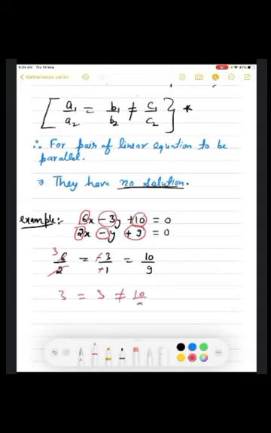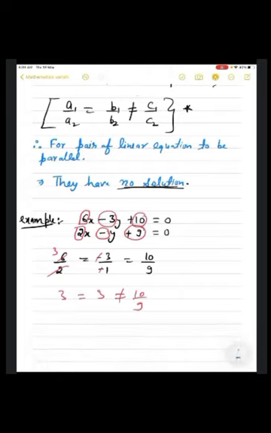Which kind of graphical representation will this give me? It is of the form A1 upon A2 is equal to B1 upon B2 is not equal to C1 upon C2. Hence this equation will have parallel representation. Can you tell me anything about its solution? What kind of solution will this equation have? Sometimes they ask in this manner also, what will be the solution of this equation?